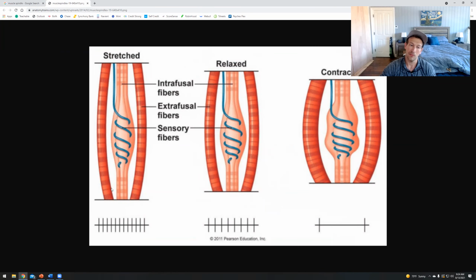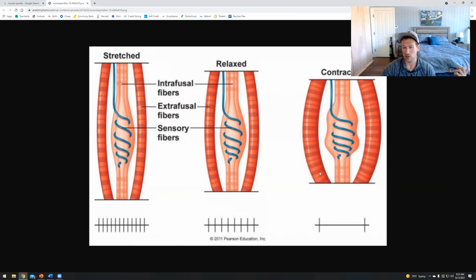And so this is how your muscular system, when it's manipulated, is going to send information to the nervous system, when your nervous system is using this muscle spindle to experience however much tension is in that muscle. And when the muscle is stretched out, you can see the spindle is being pulled apart.